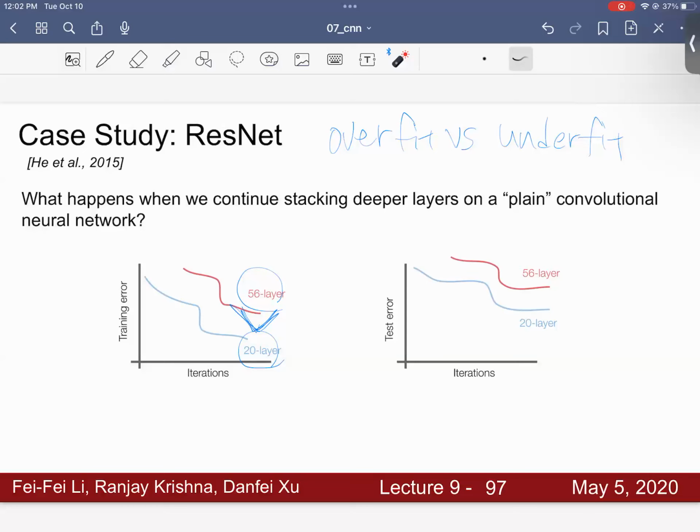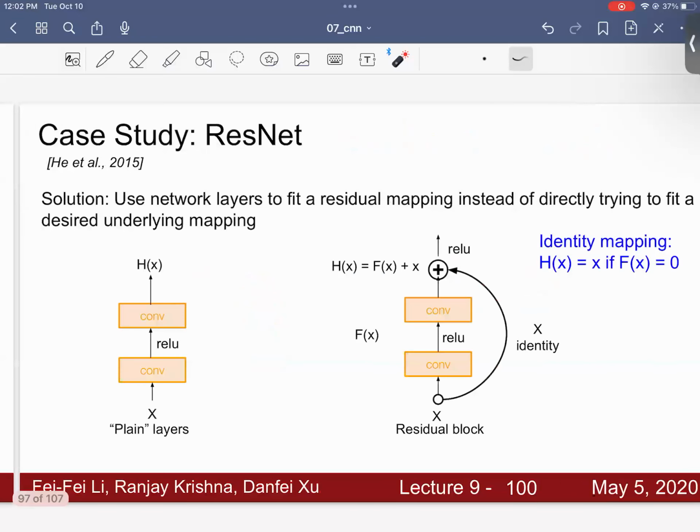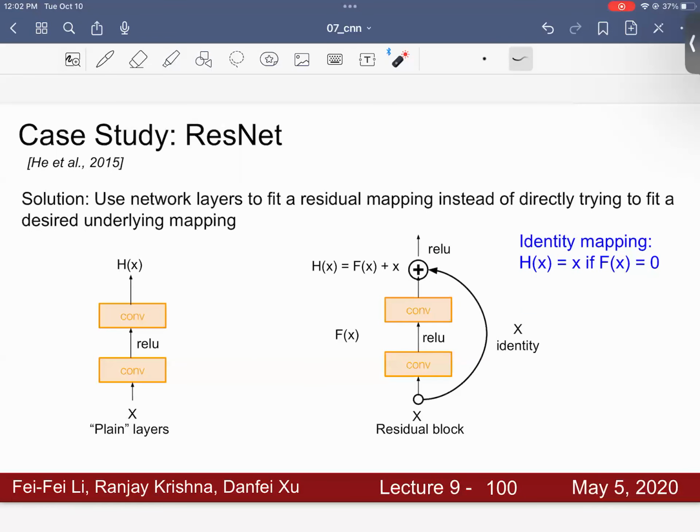Question from Woo-jung. Can residual connection prevent gradient exploding? I would say so, yes. The intuition is really simple. If you just use plain layers, which is any convnet or any fully connected network or RNN, whatever.